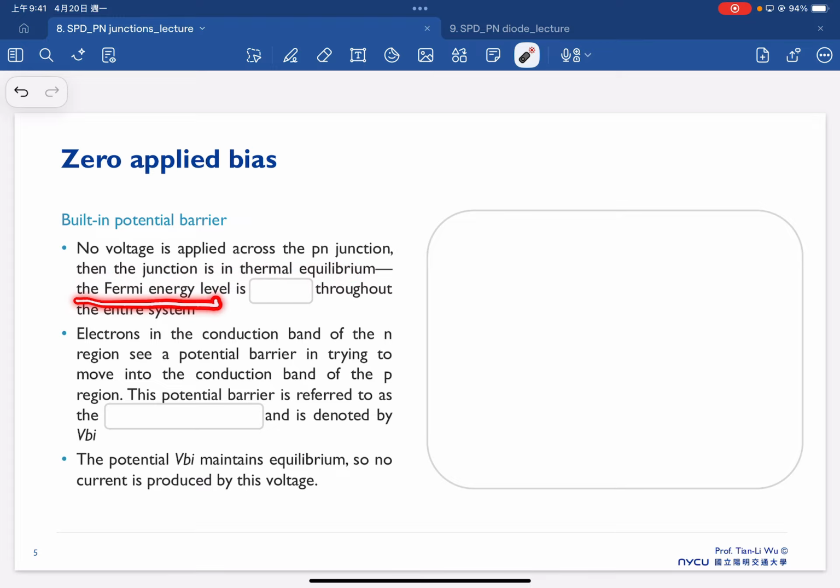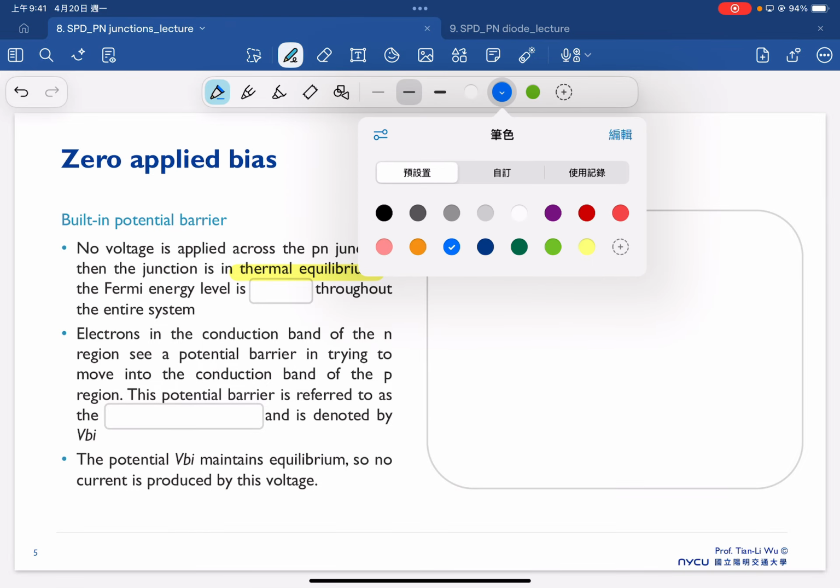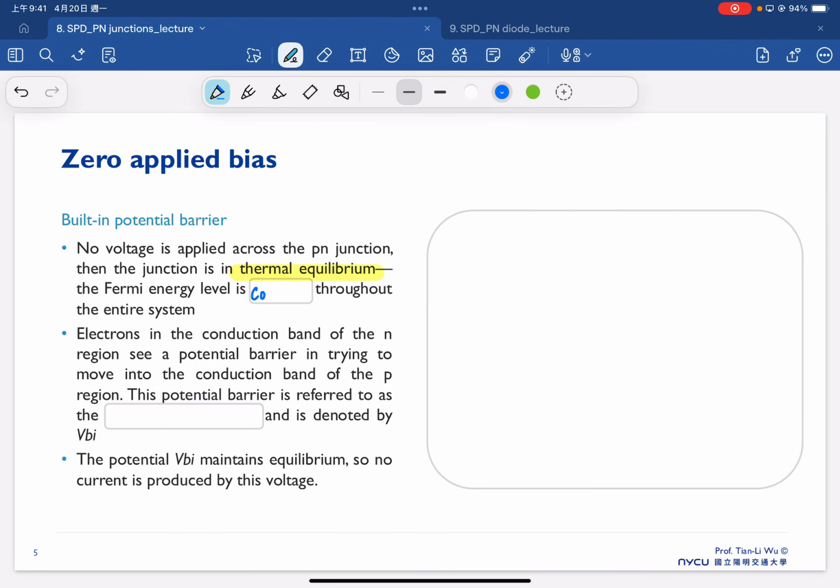And because this is under the equilibrium case, the Fermi energy level must be constant throughout the whole entire system.